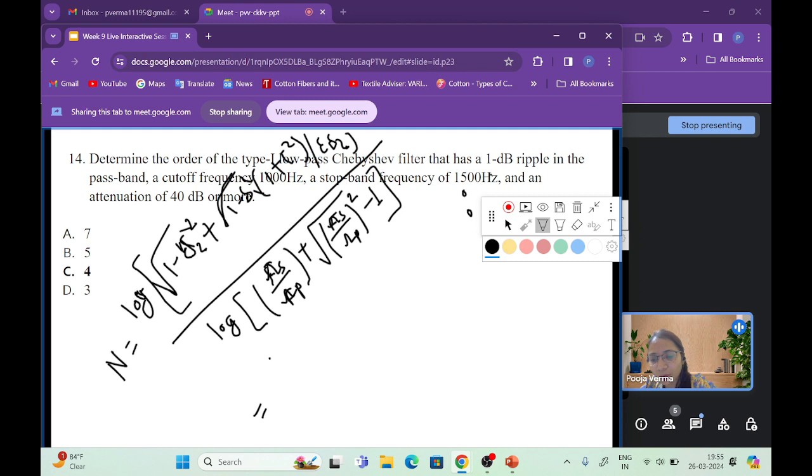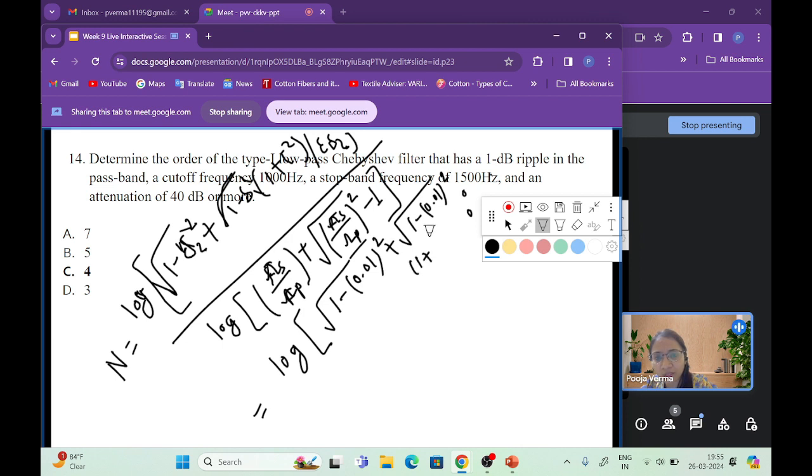So now by putting these values in this equation you will get log of root of 1 minus del 2, given 0.01, whole square, plus 1 minus 0.01 whole square, multiplied by 1 plus epsilon square, that is 0.502 whole square, you will get 0.259.